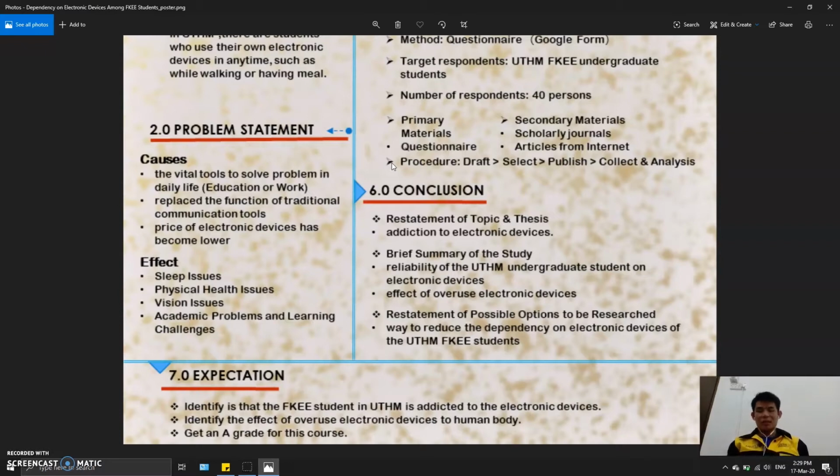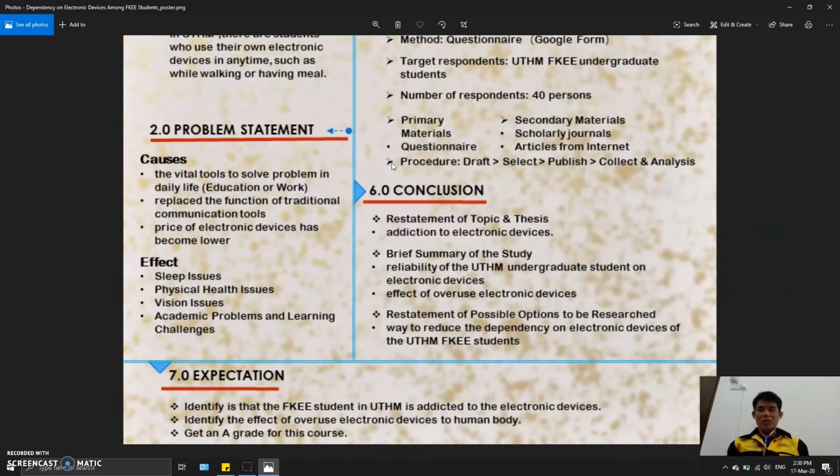Apart from that, electronic devices replace the function of traditional communication tools. Instead of sending letters, we can use cross-platform messaging systems such as WhatsApp, Messenger, Telegram to communicate with other people by using our tips of finger.